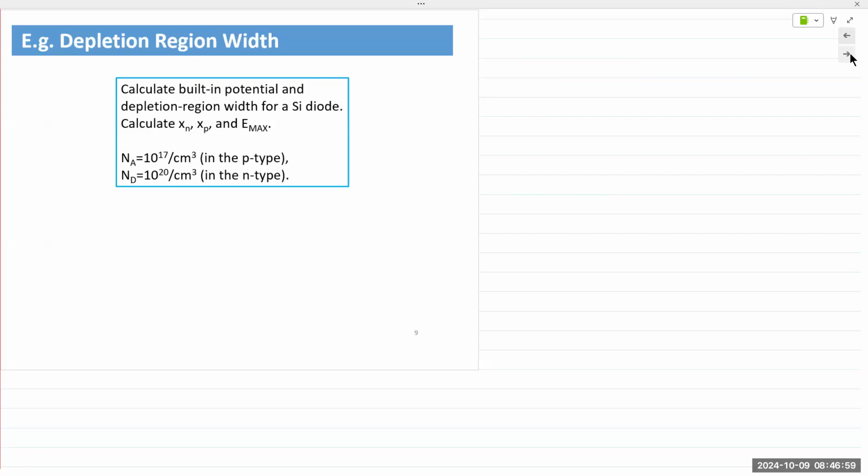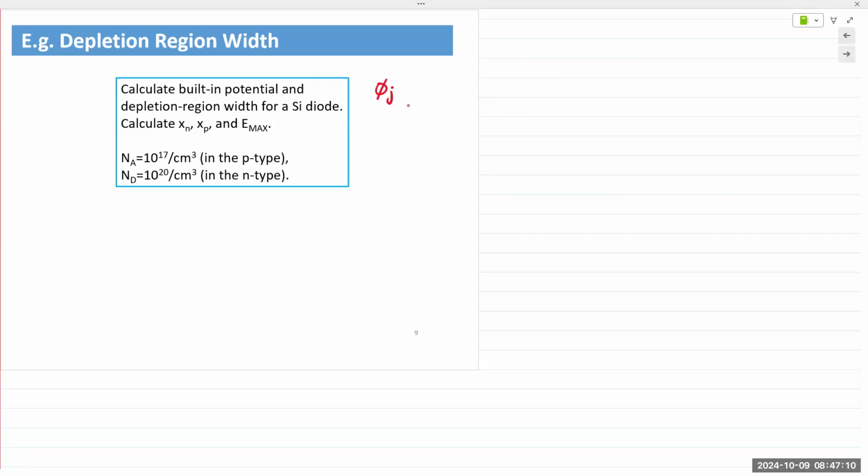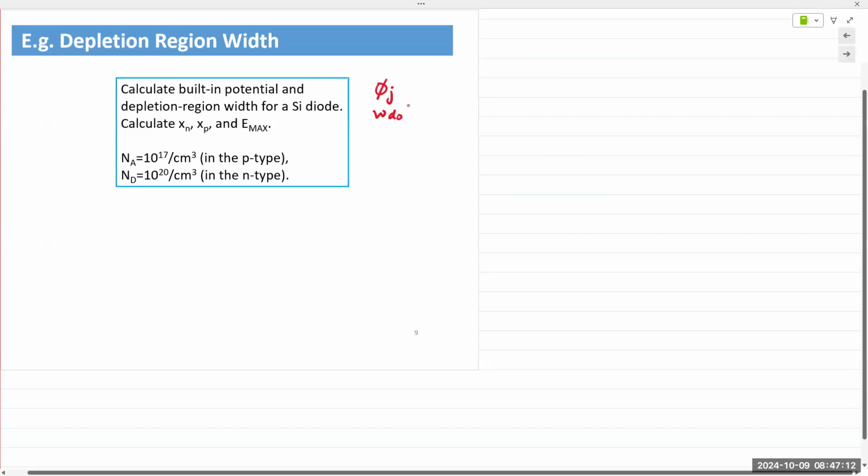So phi j, WD0, then the distance the region extends into the N-type material, the distance the region extends into the P-type material, and the electric field, Emax.